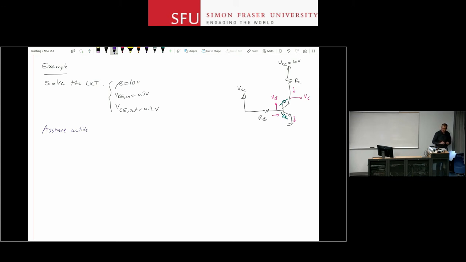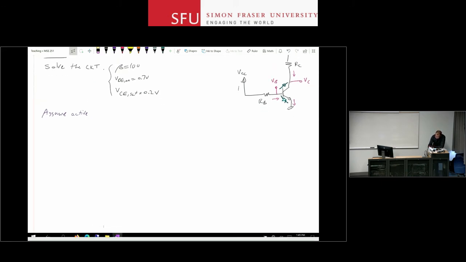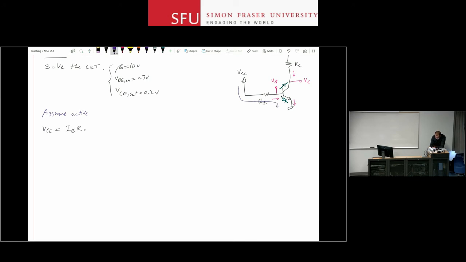I'm going to solve this circuit a bit quickly because we've gone through a similar situation before, and hopefully by now you have done a few yourselves as well. Assuming active, I can write a KVL here. So VCC is equal to IB RB plus VBE. And from here I can right away figure out IB to be 10 minus 0.7, divided by RB.